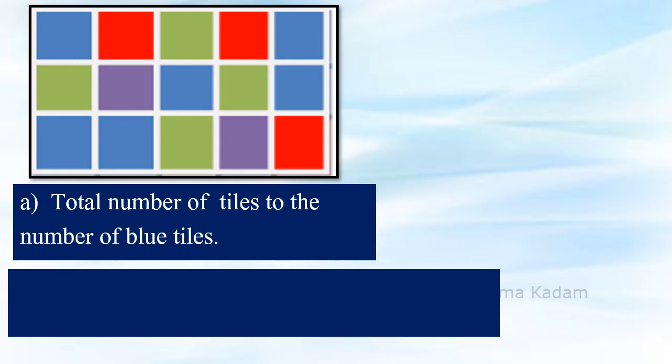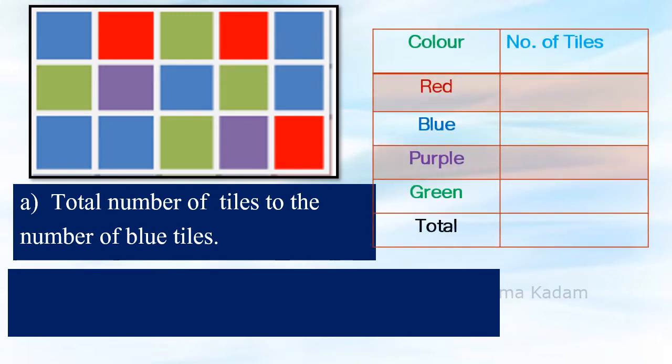Same type of example. Now in this case there are number of tiles and they are of different colors, right? Now we have to solve this example. Same type, again we have to make the table, color and number of tiles. Now which colors are there? Red, blue, purple, green. Okay. Now number of tiles we will calculate and write down over here.